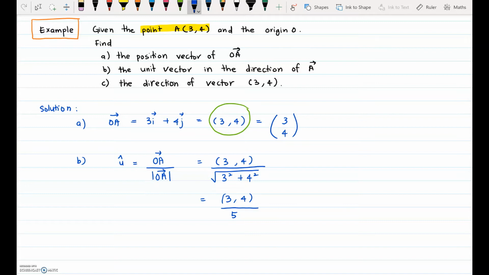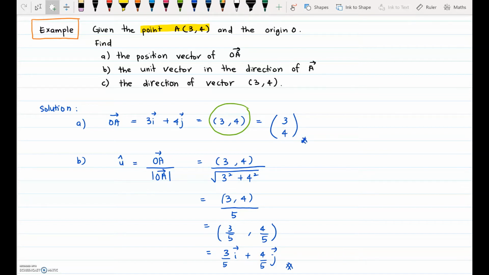Your final answer must be in the form of x and y, so you must write it as (3 over 5, 4 over 5), or you can also write in the form of ij, 3 over 5 i plus 4 over 5 j. So this is your unit vector.